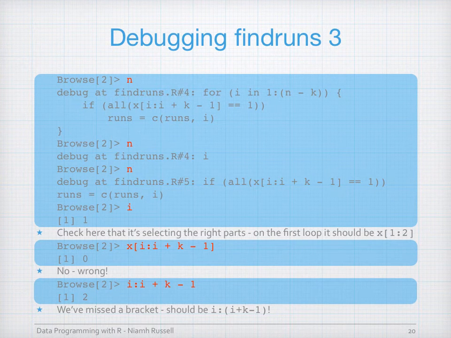If we keep typing n at the command line, it will continue to work down through the function, and when it gets to the for loop, if we continue to type n, it will go into the for loop.